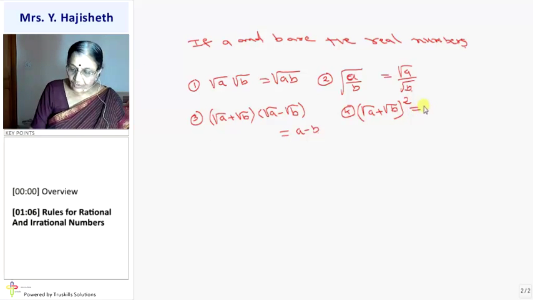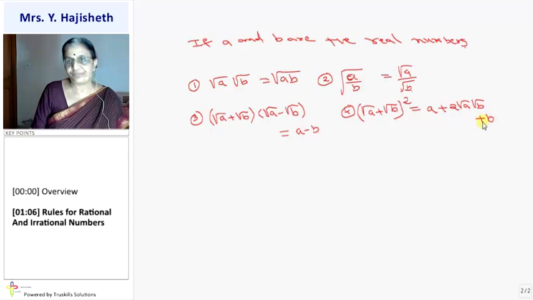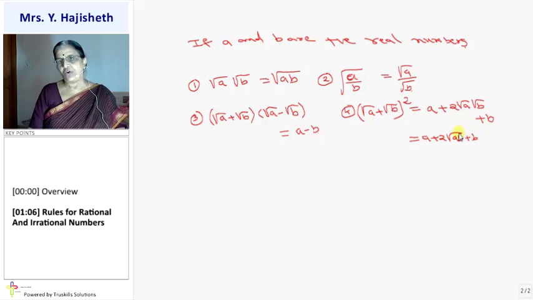Root A square is A, plus 2 times root A into root B, plus root B square is B. And 2 root A into root B can be written as 2 root AB. So it is A plus 2 root AB plus B. This way I can write the expanded form.